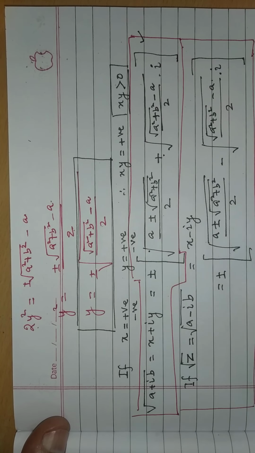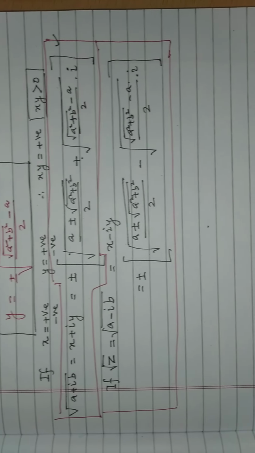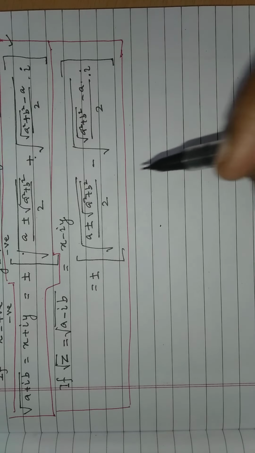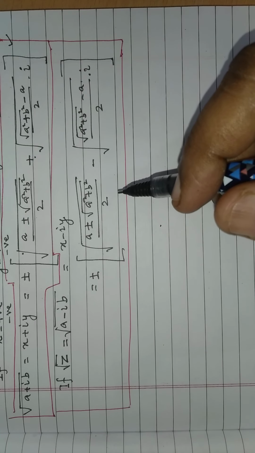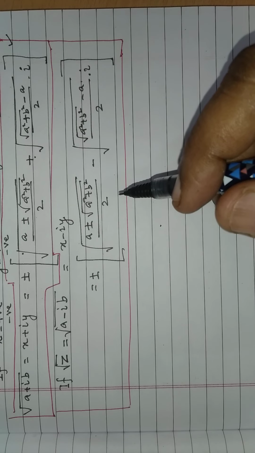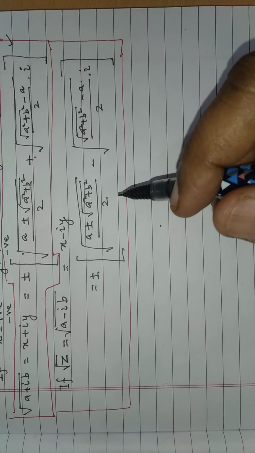If the complex number is given in the standard form, you can easily find its square root. But if it is not given in the standard form, first you have to make it standard by multiplying the numerator and denominator of the complex number by the conjugate of the complex number.